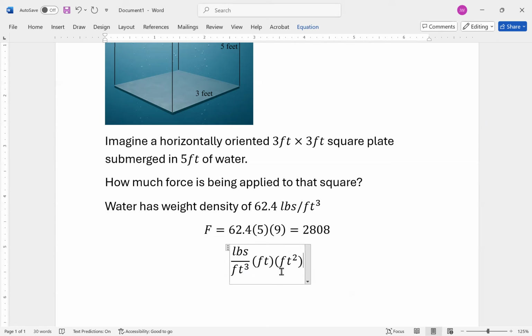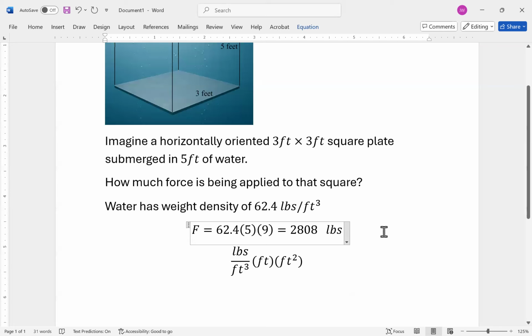So when you keep track of all of the labels, you can see that the feet, when we take depth times area, become cubic feet. That is going to cancel out with the cubic feet in the denominator of the weight density. And my ultimate label is just pounds in this case. So we are getting the same measurements of force that we got in previous sections.